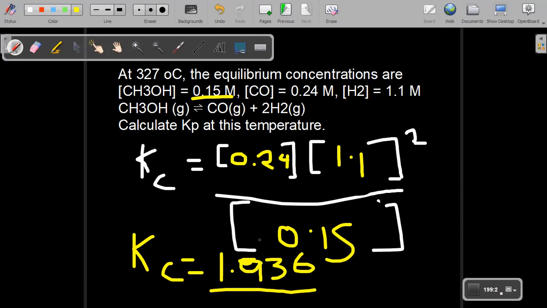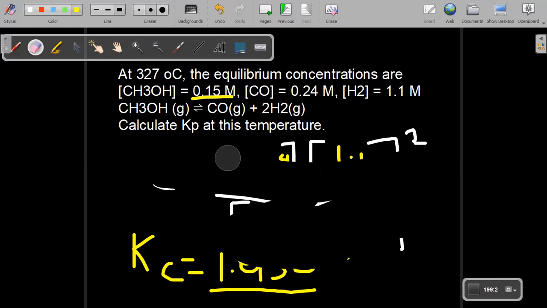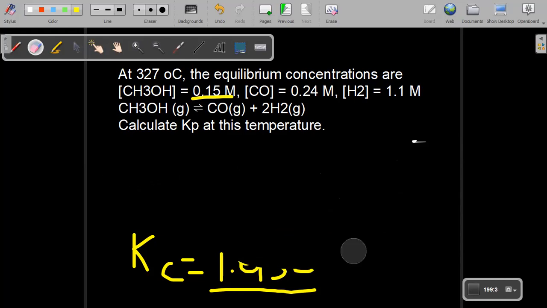So now, this question is not interested in the Kc, it's interested in the Kp. So what do we do? So we know we have 1.936.